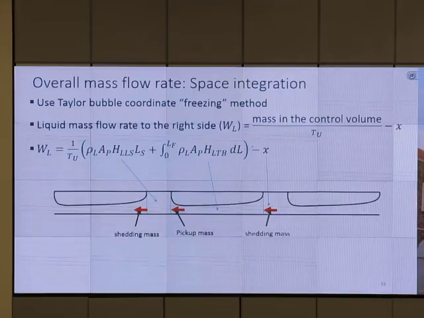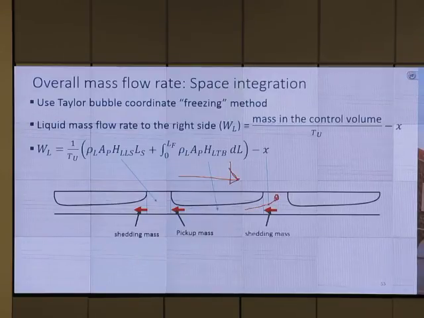But there's shedding. Shedding is this. We have mass coming from the slug body to the film. The flow direction is this, and there's a mass pickup rotating inside and shed at the back. You see this?